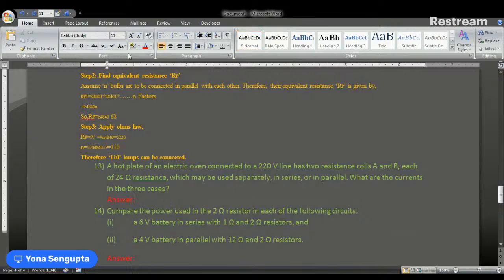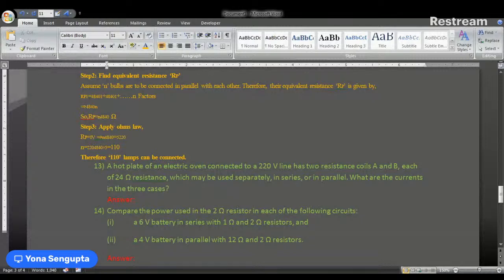Okay, so the first question here says that a hot plate of an electric oven, connected to a 220-volt line, has two resistance coils, A and B, each of 24 ohm resistance, which may be used separately, in series or in parallel.